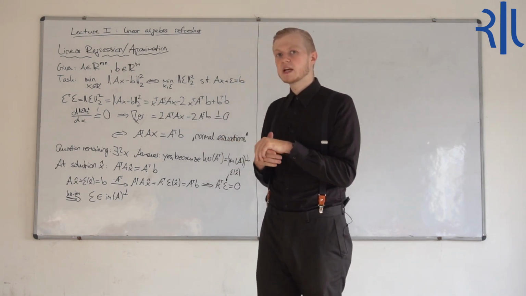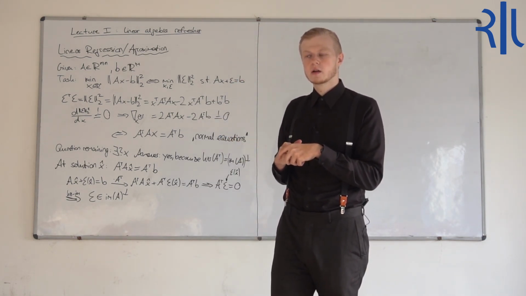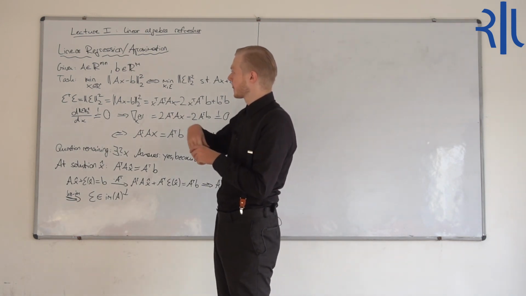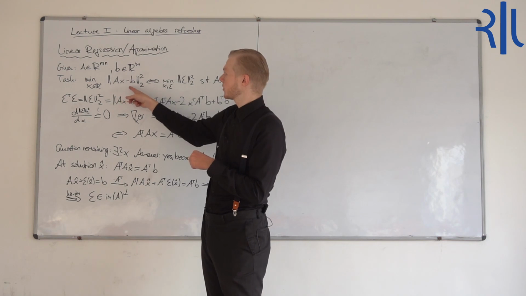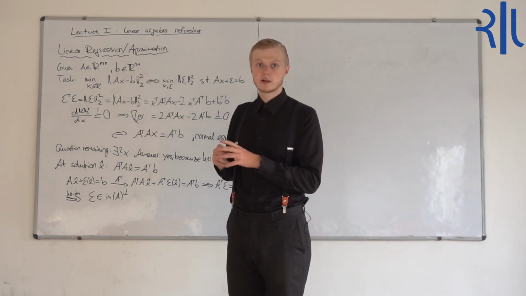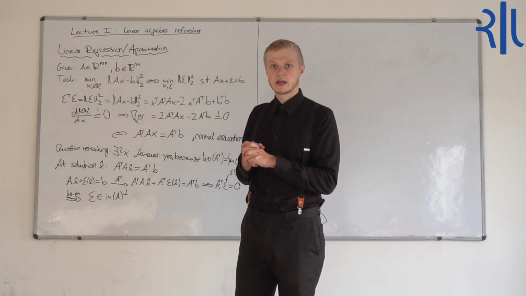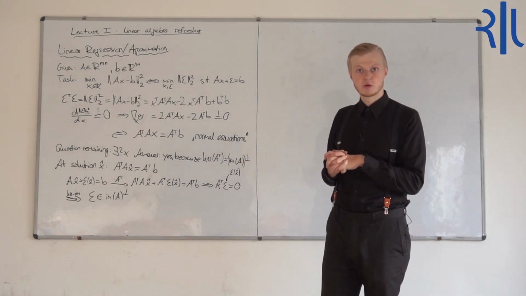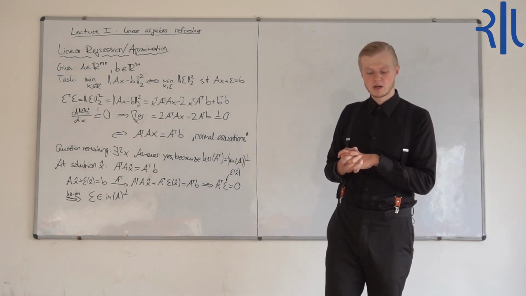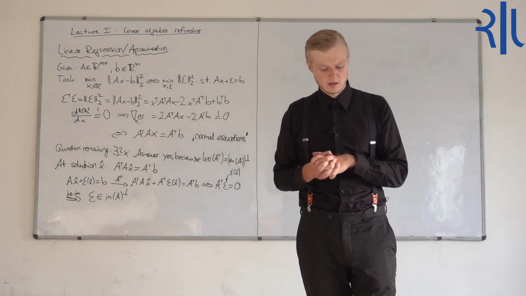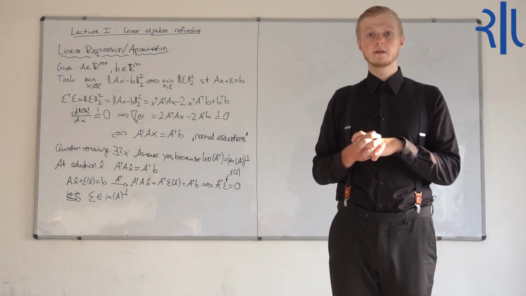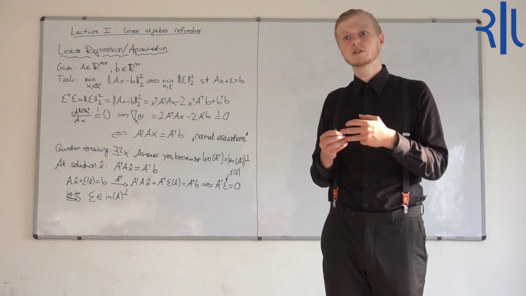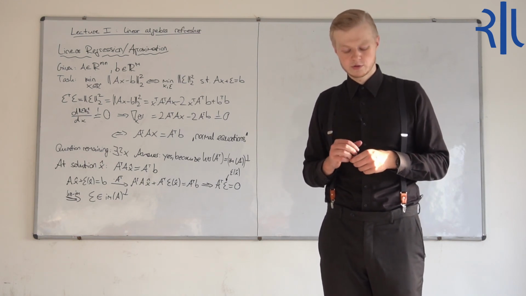So whenever you solve a problem that is of that form, a linear approximation, a linear regression problem, then you know that the error will be orthogonal to the column vectors in your matrix. So you have an additional equation that you can use if you want to deduce the optimal solution.